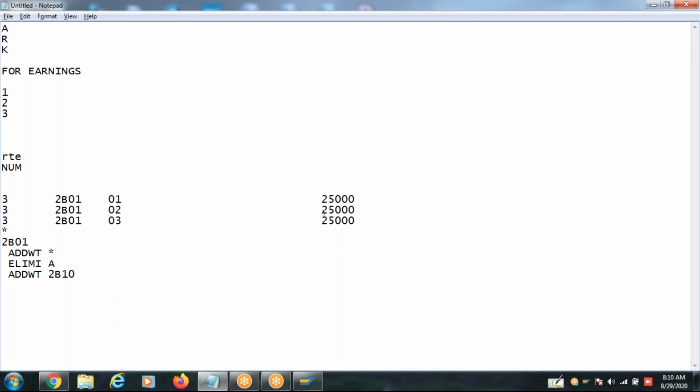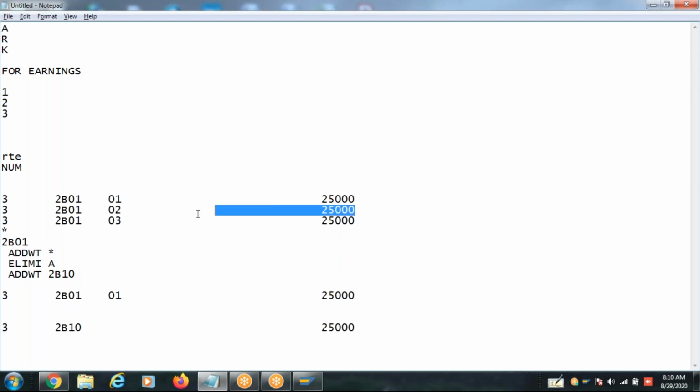So when the first operation is executed, this entry is processed and you are moving it to the output table. In the output table, it is placed as it is. And then you are eliminating A, that means you are eliminating the split indicator from the structure, and then adding it to 2B10. So in 2B10, 25,000 will be placed like this.